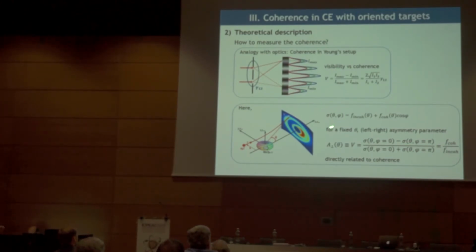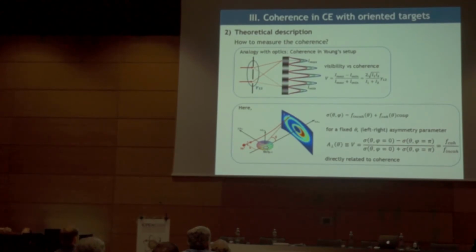As the DCS is formed by the incoherent part and the coherent part, multiplied by the cosine of phi term, we can define, as in usual optics, the maximal and minimum intensity as a function of phi for a fixed theta, and then introduce the asymmetry parameter, which is the visibility, and which consists, as in the Young setup, of the ratio of coherent over incoherent part.